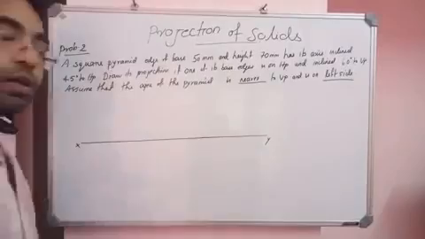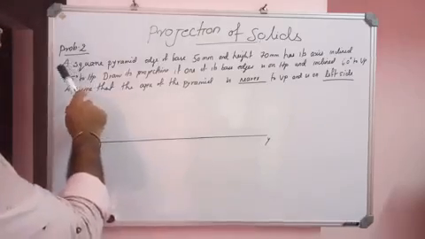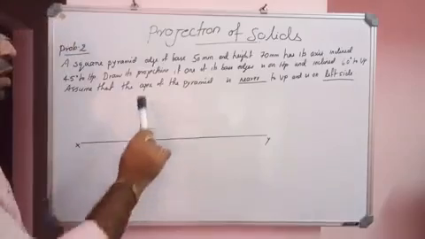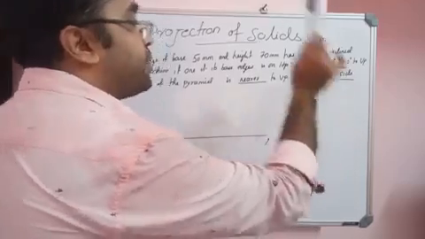Okay, here comes the second problem. In this problem you can see it is exactly the same problem, but the only difference is that the apex of the pyramid is nearer to VP and it is on the left side.